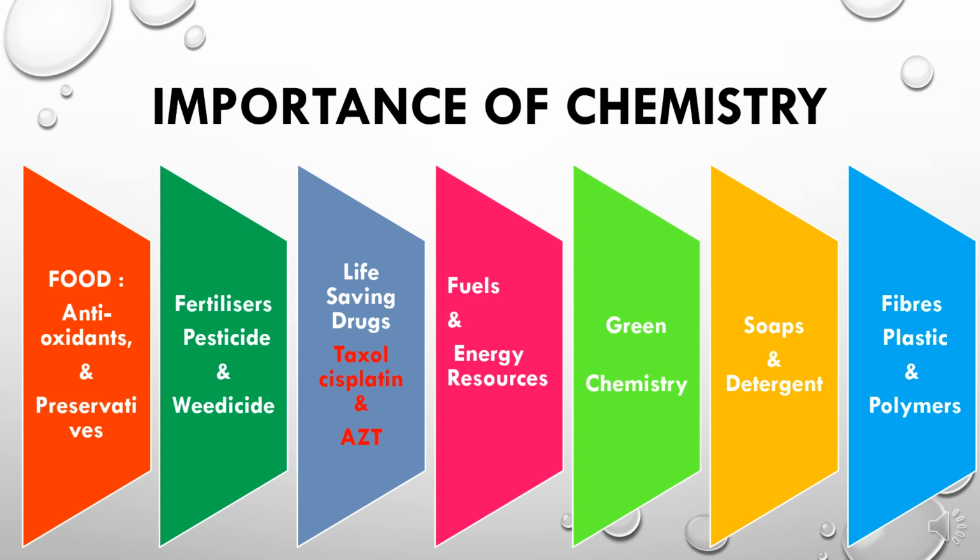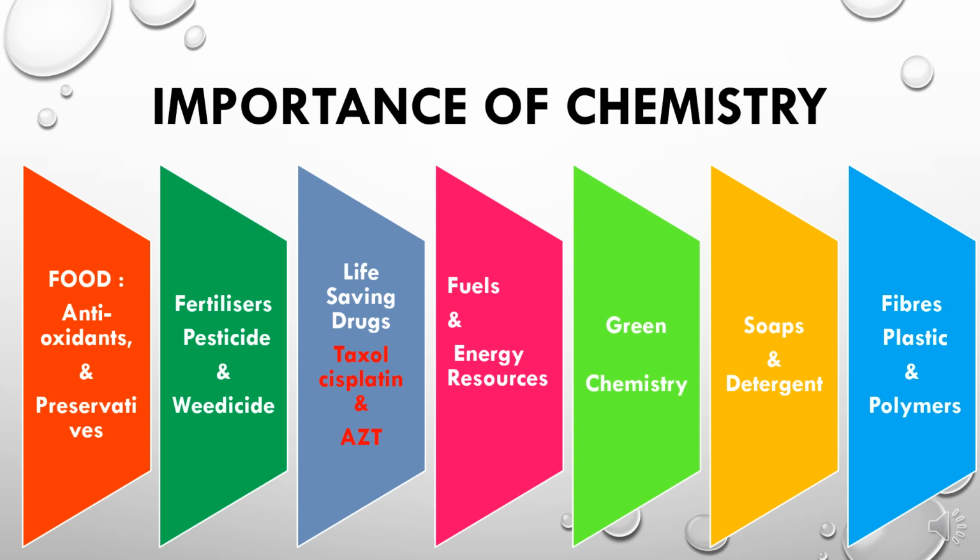A variety of fuels and energy resources are nothing other than chemistry. Next is green chemistry. It's a very important field of chemistry in which various methods are provided by scientists to overcome environmental pollution.